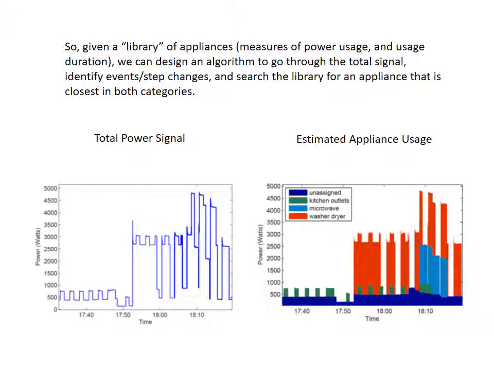So we design an algorithm to go through the total signal, identify events and step changes, and then search through the library for an appliance that's closest in both categories, in terms of power usage, usage duration, etc.